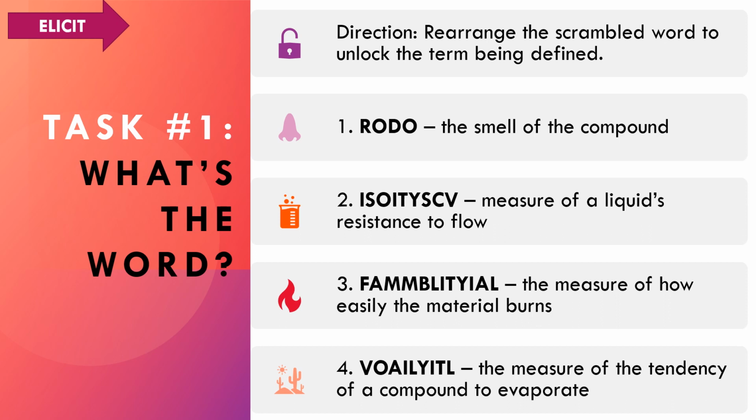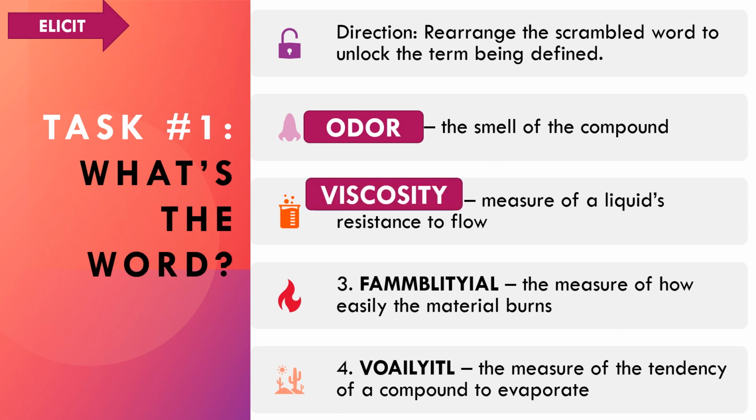Alright, now let's reveal the answer. For number 1, the smell of the compound is odor. Number 2, measure of a liquid's resistance to flow. The correct answer is viscosity.